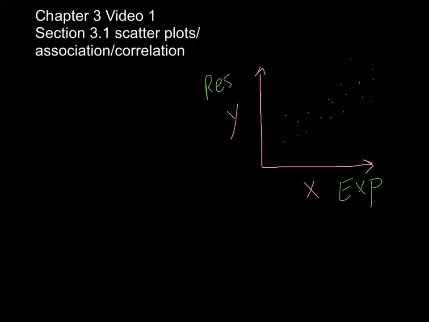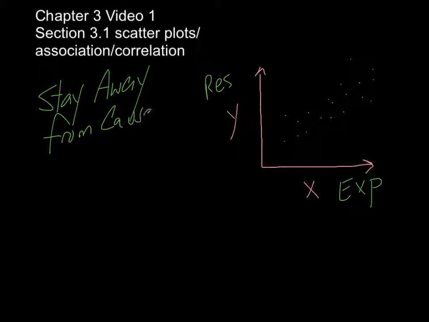Probably the most important thing, and I hit this in class, but let me take note of this: stay away from the words cause and effect. And let me apologize, my handwriting on this is not real good.